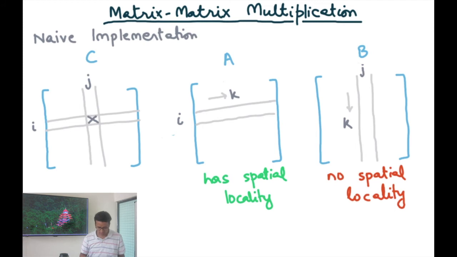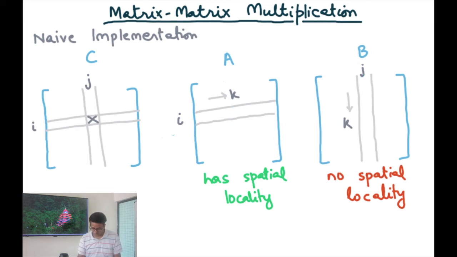So to see this diagrammatically, if I was to compute the value of C[i][j] marked by this X, then I iterate over the ith row of A using k and the jth column of B using k. When I iterate over the ith row of A, it has very high spatial locality, assuming row major memory layout, because all these consecutive locations that I'm accessing are likely to be close in address space of the physical memory, and so they're going to fit in the same cache line, or they're going to benefit from prefetching.